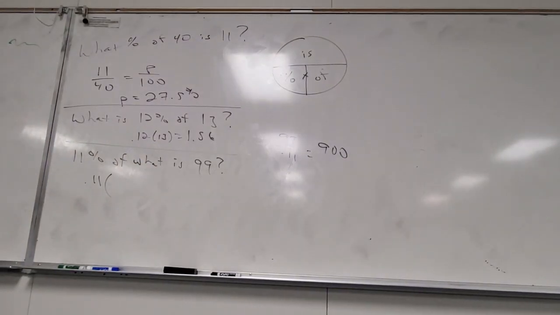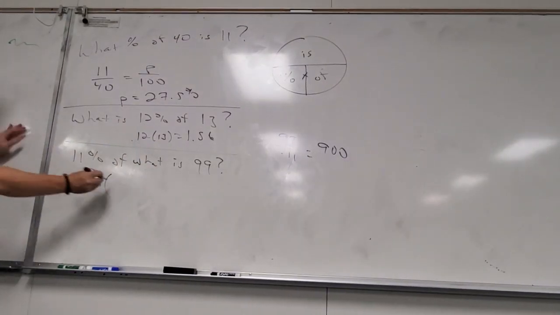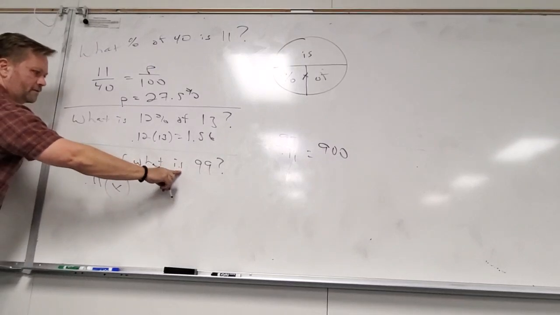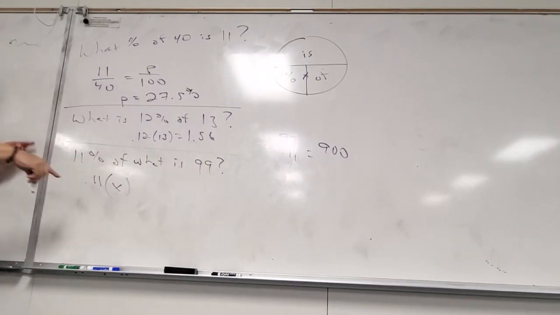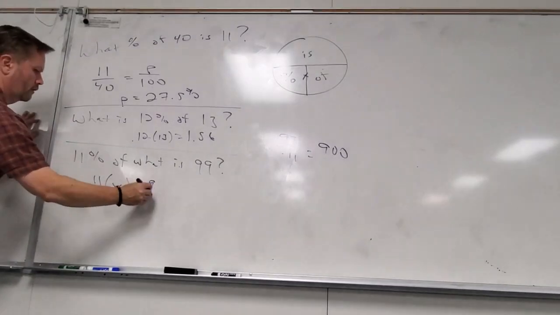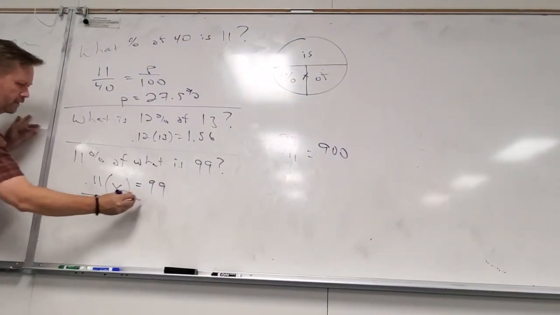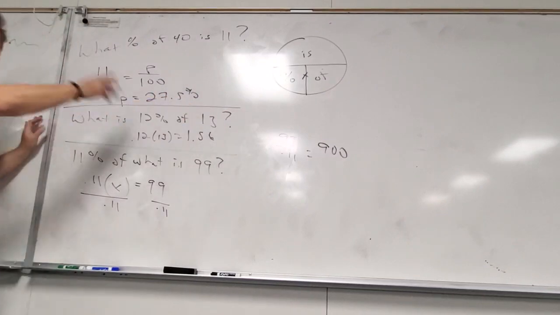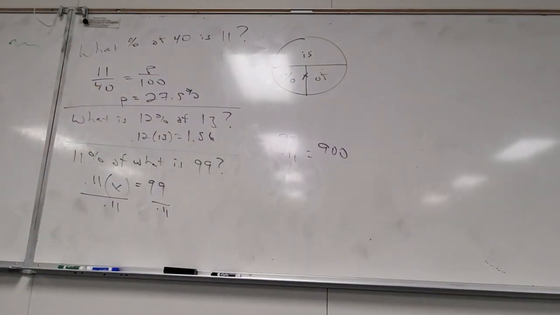I'm going to call it is. What do you think that is mathematically? Is equals. And how do I solve this? I divide by 0.11, which is exactly what that has me do, right? So that reinforces solving equations, that reinforces use of variables, right? You can see what I'm saying?